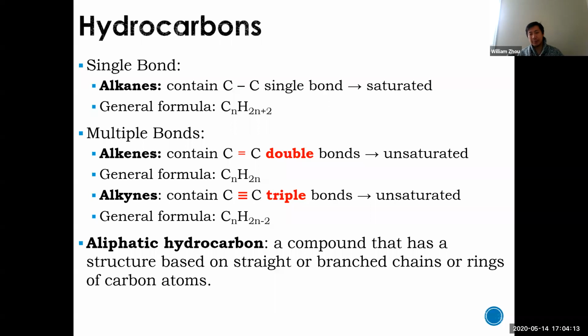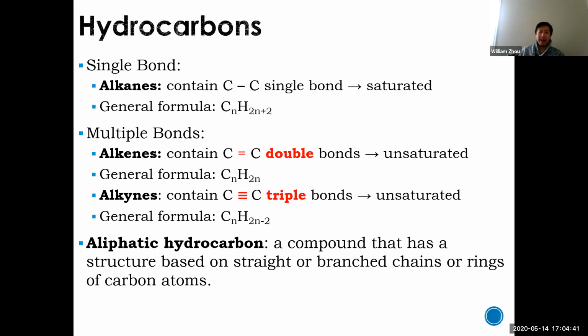If you compare their formulas, you can see that with double, you lose 2 hydrogens from the alkanes. And with the triple, you lose 2 hydrogens from the alkene. All right, and this makes sense because as you have more bonds, the carbons having more bonds with each other, you're able to make less bonds with hydrogen. Okay, so that's why you see a pattern like that.